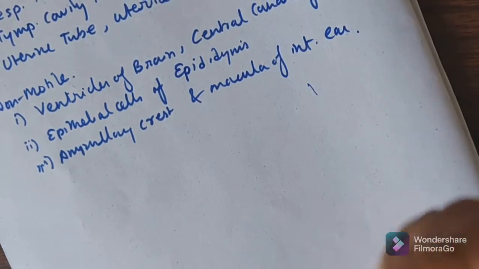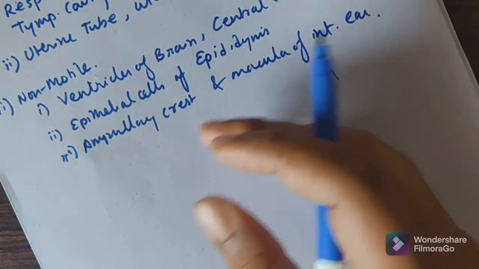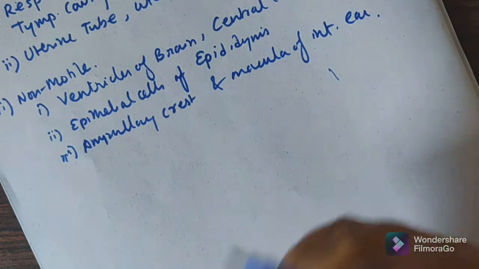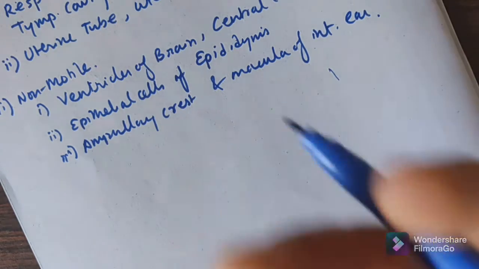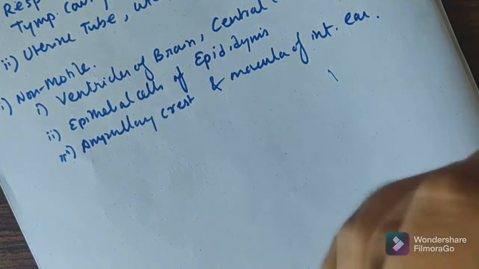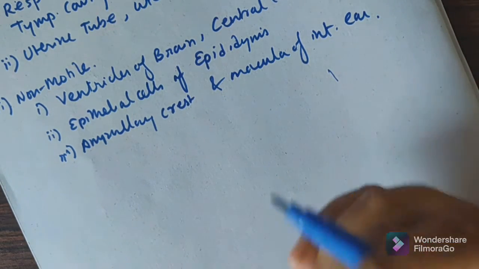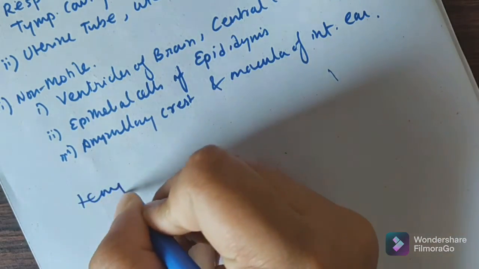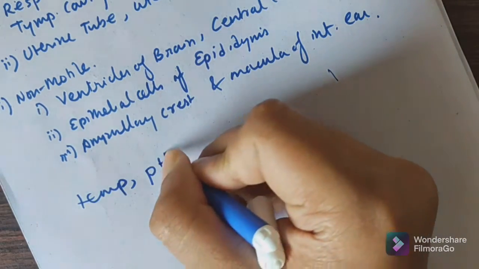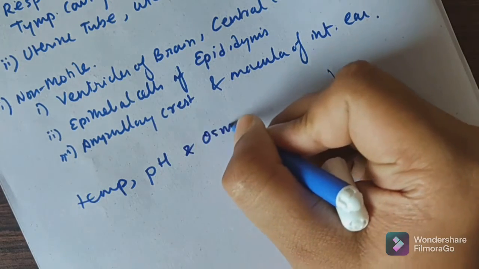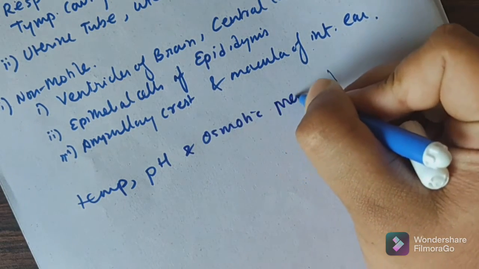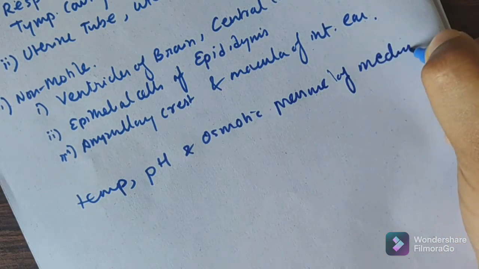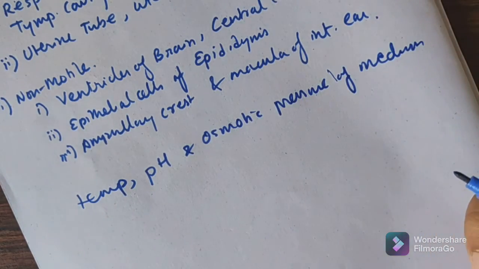The respiratory tract acts as a mucociliary barrier to the bacteria and helps to prevent them from getting inside our body. The ciliary beat is affected by temperature, pH and osmotic pressure of the surrounding medium and various chemical substances.